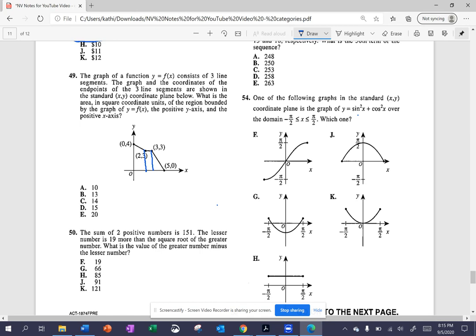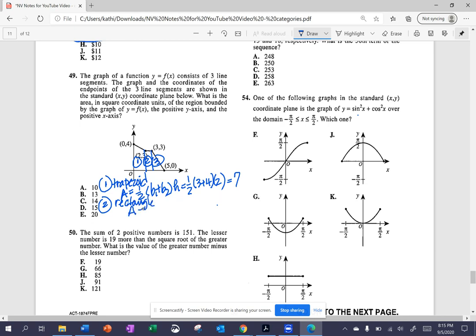So the trapezoid, area is 1/2 base 1 plus base 2 times the height. So 1/2, 3 plus 4 times 2 is 7.